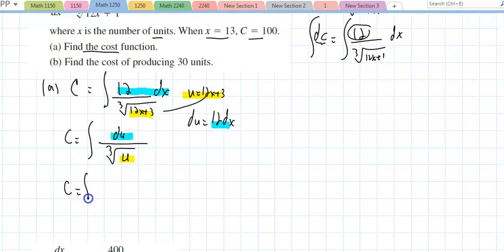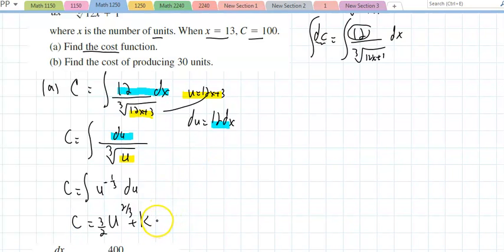The cost will be the integral of u to the negative 1/3, right? Add 1 to the power and divide by that. Negative 1/3 plus 1 is 2/3. Divide by that, that's 3/2 plus c. Actually, let's use k if you remember in applications, because c is reserved for the cost function.